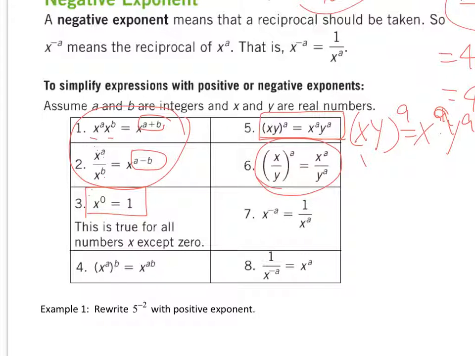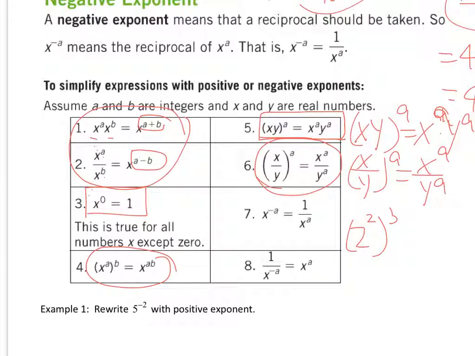So if I have an exponent on the quotient, then it's going to be x to the a over y to the a. And number 4 is exponent on exponent. Try to understand this. What about 2 squared to the third? What does that mean?